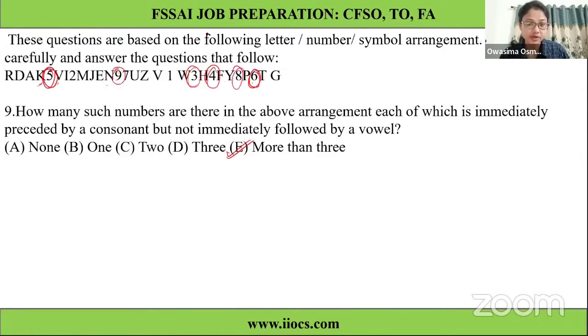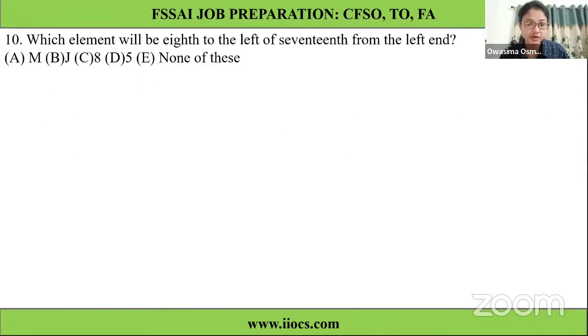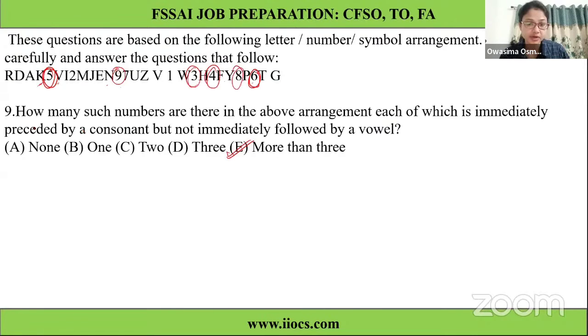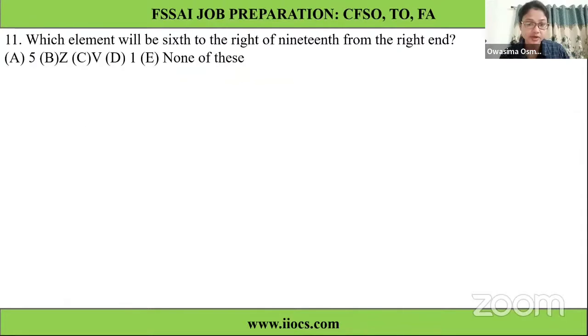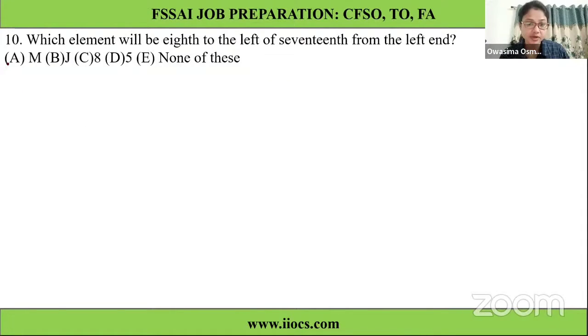So our 17th term is, counting 1, 2, 3, 4, 5, 6, 7, 8, 9, 10, 11, 12, 13, 14, 15, 16, 17. So V is our 17th term, and 8th from the left: 1, 2, 3, 4, 5, 6, 7, 8, M. So our answer will be M. Option A will be the right answer.